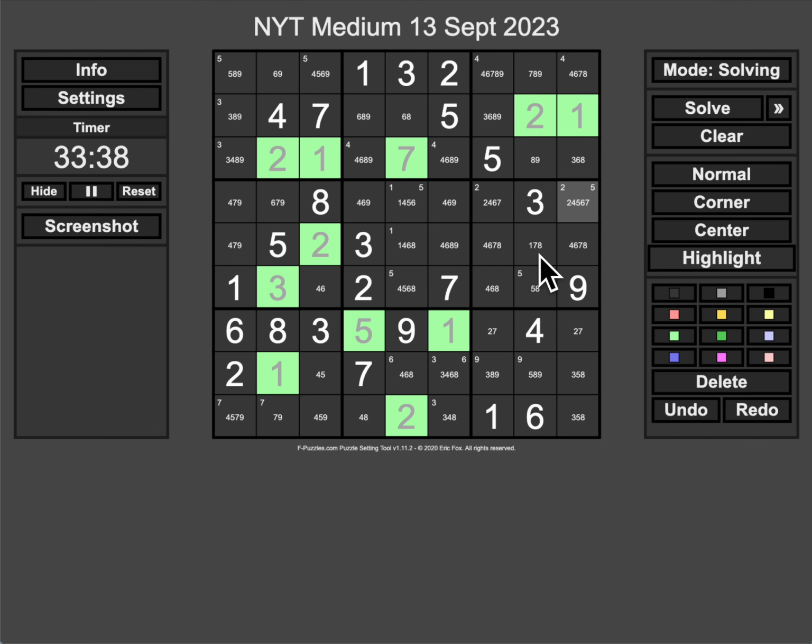I have 5 in a weird spot. Way too many 7's and 8's. Yeah, this is going to be another really long solve, I think.